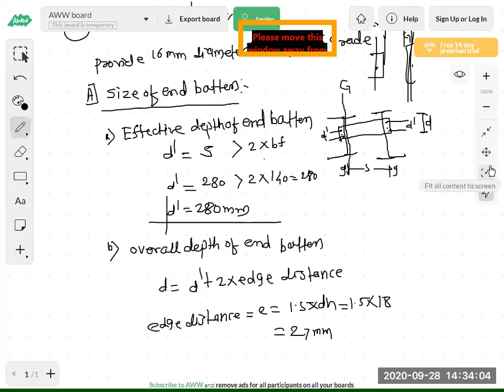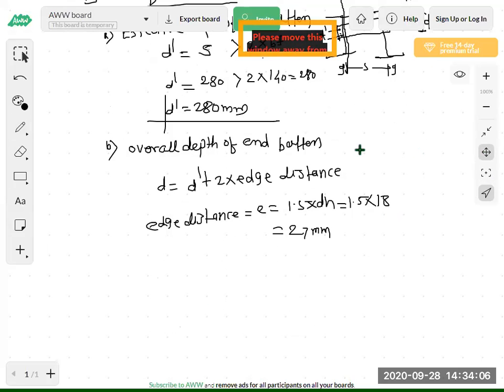So calculate overall depth. Overall depth D is equal to D dash, 280, plus 2 into 27. So how much is D? 54, it means 334 mm.